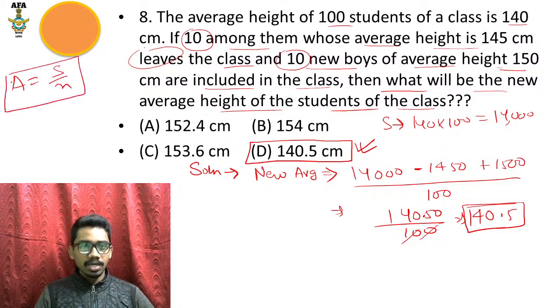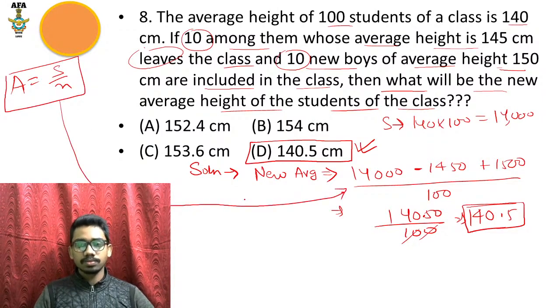So I just added the sum, and I got this. N is 100, n is remaining constant. See, 10 people are leaving and 10 people are joining, so the number of people remains the same. We just calculated the value, we got 140.5 centimeter.